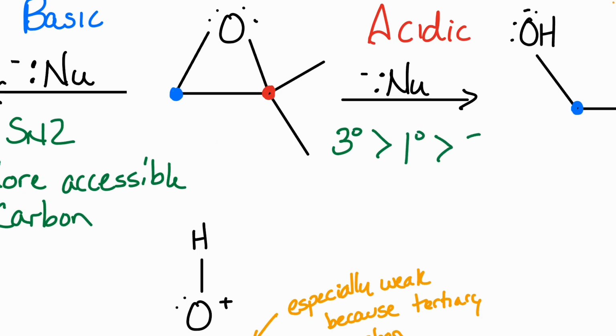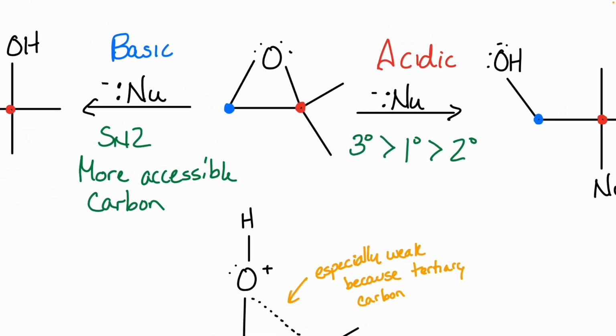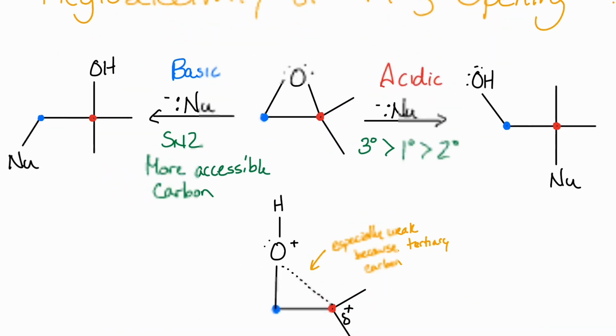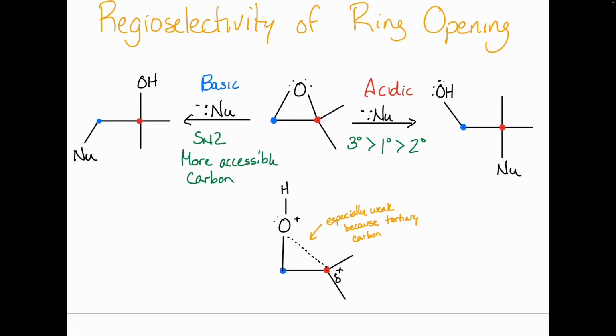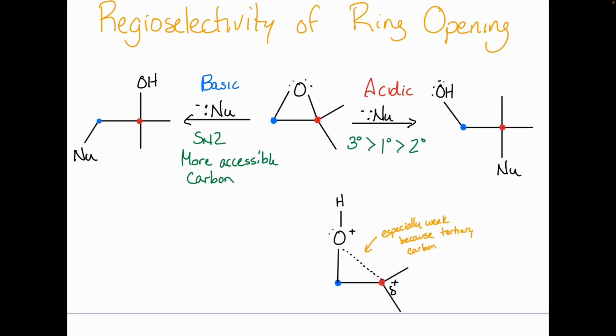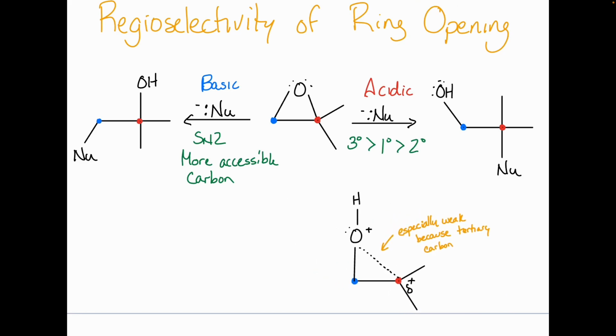So it would be a primary, and then lastly, would you have a secondary carbon substituted? All right, so this little half-formed, half-broken state here would be our transition state for these acidic condition reactions.